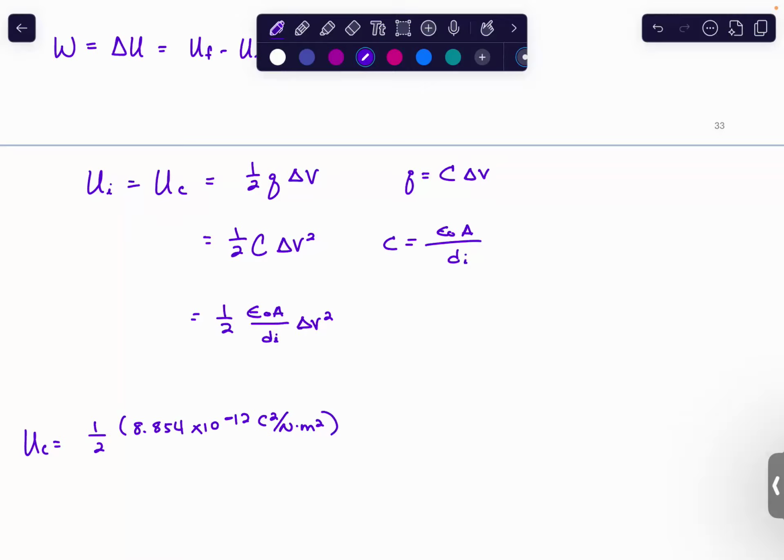So our area, we're going to want that in meters. So you know, 314 square centimeters, that is going to be 1 times 10 to the 4th square centimeters per square meter.